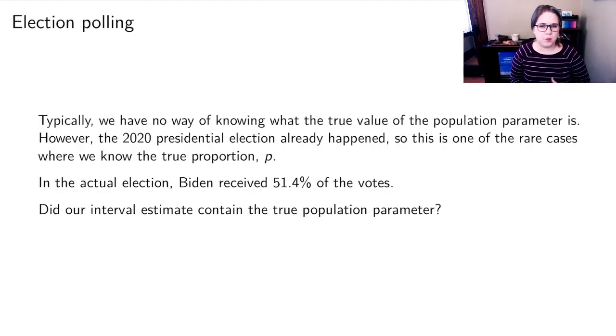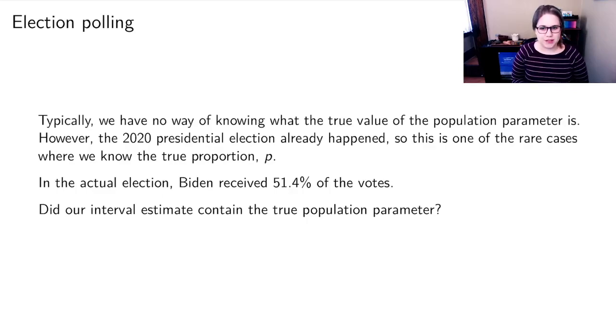So usually we don't know what the value of the population parameter is. We're able to say, here's our best guess, our p hat, here's our interval using the margin of error, but we don't know if it actually is telling us something super accurate about our population parameter. But the 2020 presidential election already happened. So this is one of those rare cases where we actually know the population parameter, in this case, the population proportion, or P. And in the actual election, Biden received 51.4% of the votes.